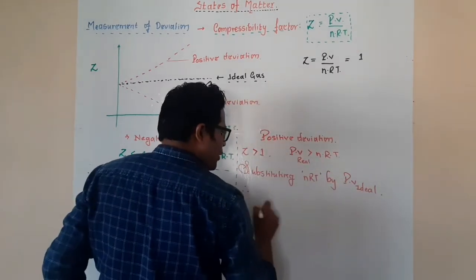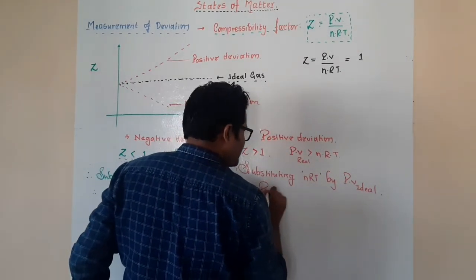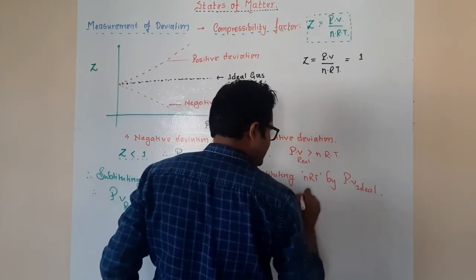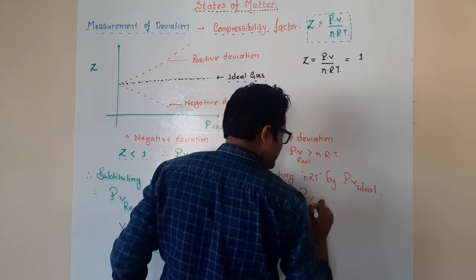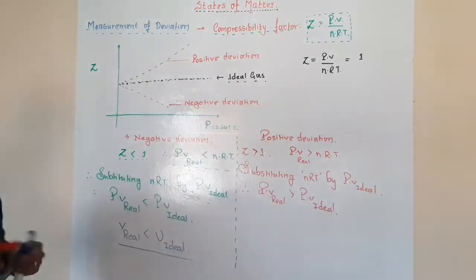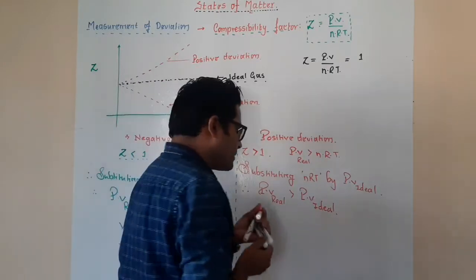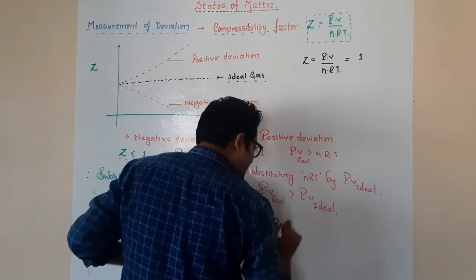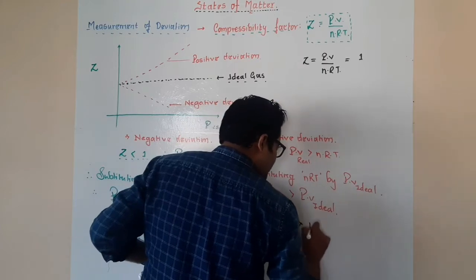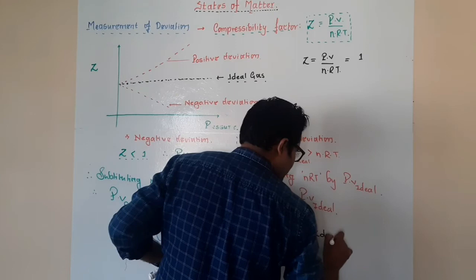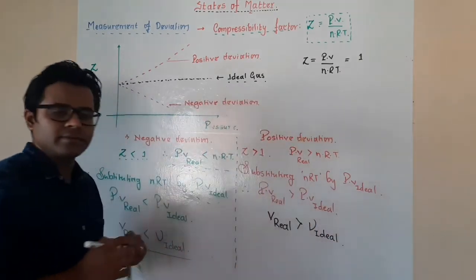At this point, can we say that P into V of the real gas is, of course, greater than P into V of the ideal gas conditions? Again, what does this mean to us? It means that the volume of a real gas is greater than the volume of the ideal gases.